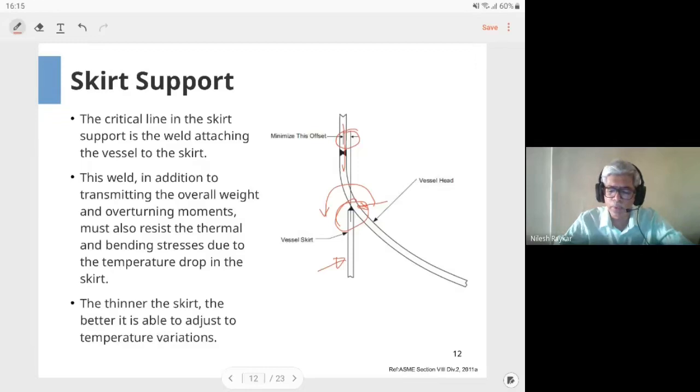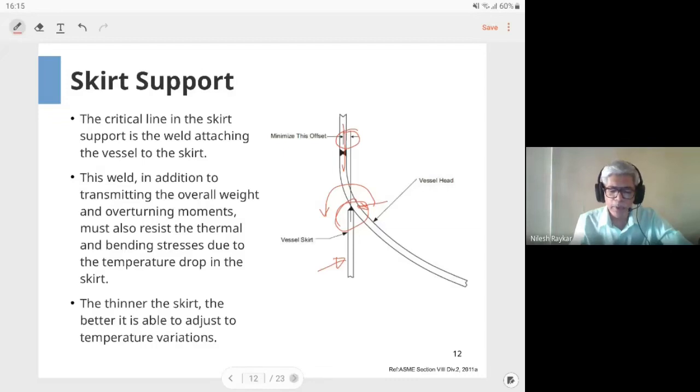So in that case, some special arrangement is needed, like providing the skirt with flexibility by means of what is known as a finger type of arrangement, where you provide some kind of slots near the junction so that the flexibility of the junction increases. The point to be noted at this point is that at high temperature, skirt supports can be used, but if they are to be used, then certain additional design features need to be taken into account.